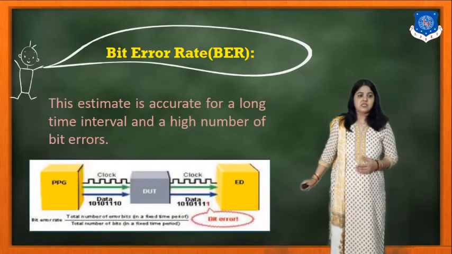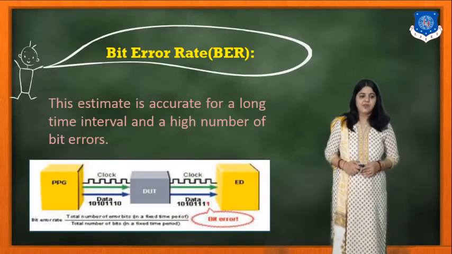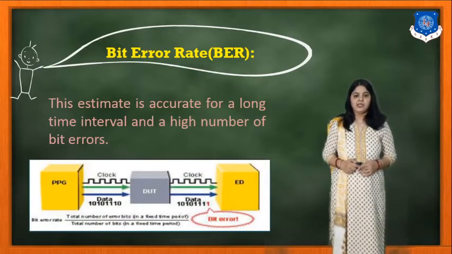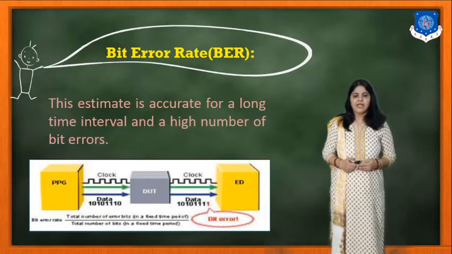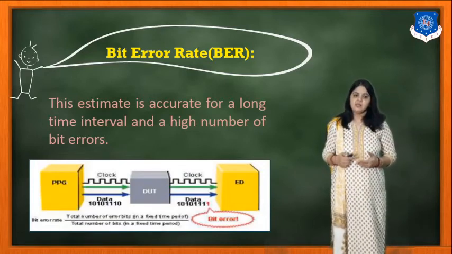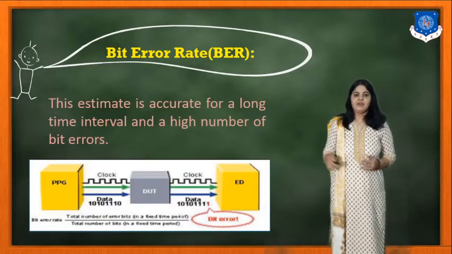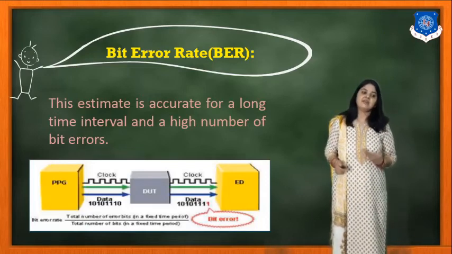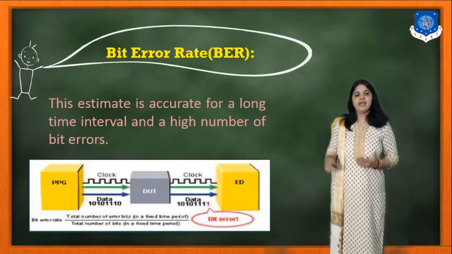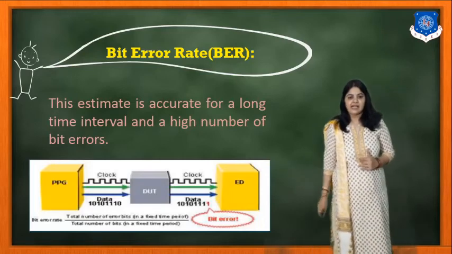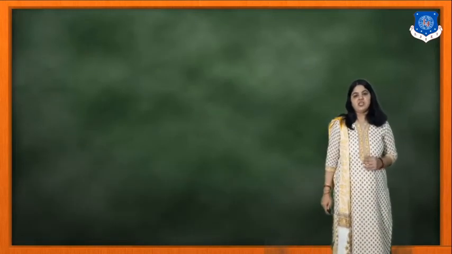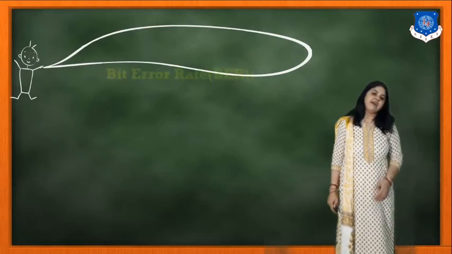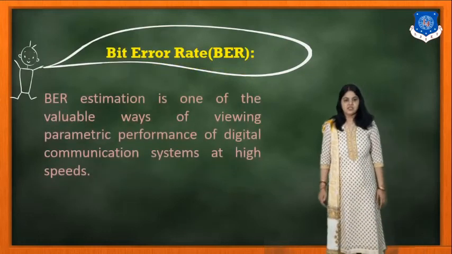Here you can see in the diagram how the bit error rate can be generated. One device is the device under test, another is the generating end, and another is the detector end, and the checking of bit errors can be performed in the system.